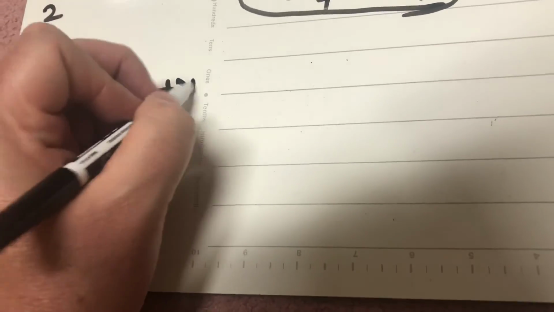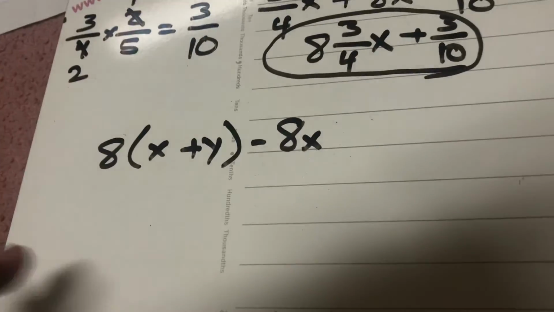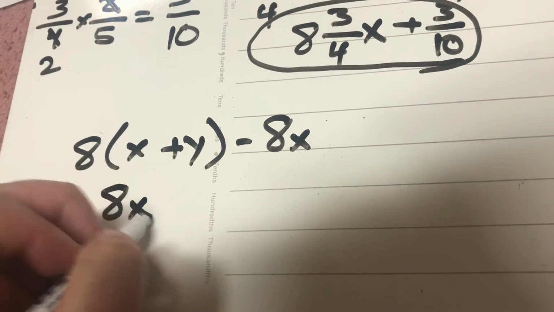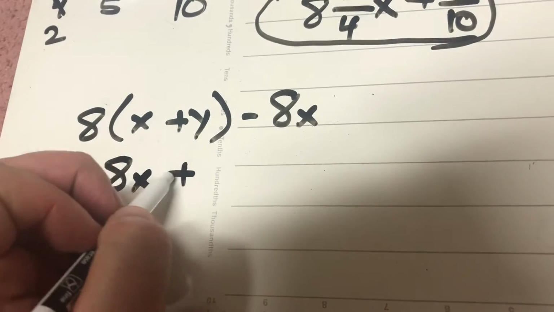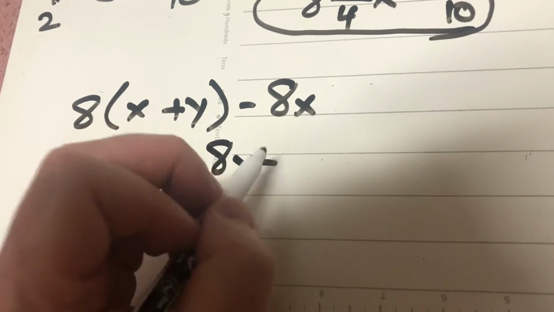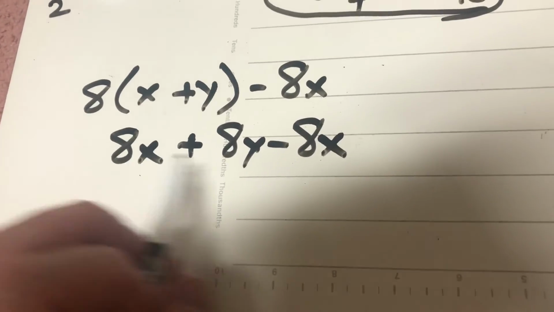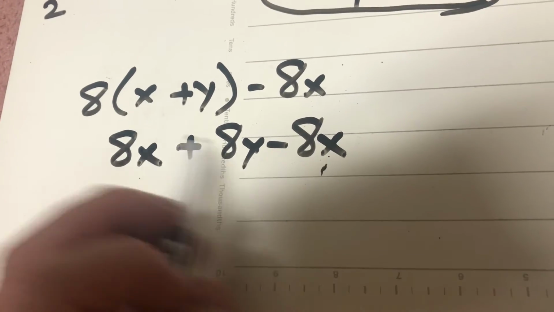8 times x plus y in parentheses, minus 8x. Well, 8 times x is 8x. Remember, a number right next to parentheses means multiplication. Plus 8 times y is 8y minus 8x. Well, 8x minus 8x, it doesn't matter what x is.